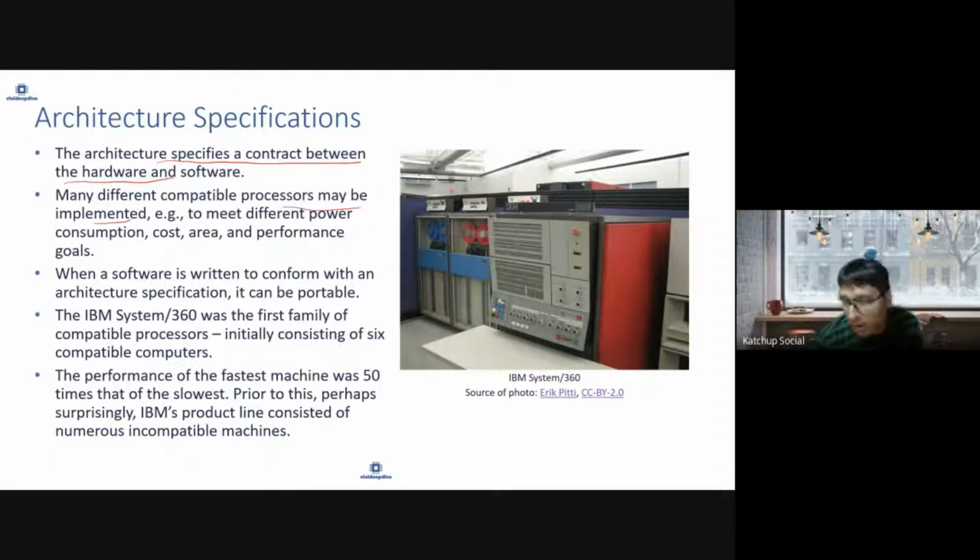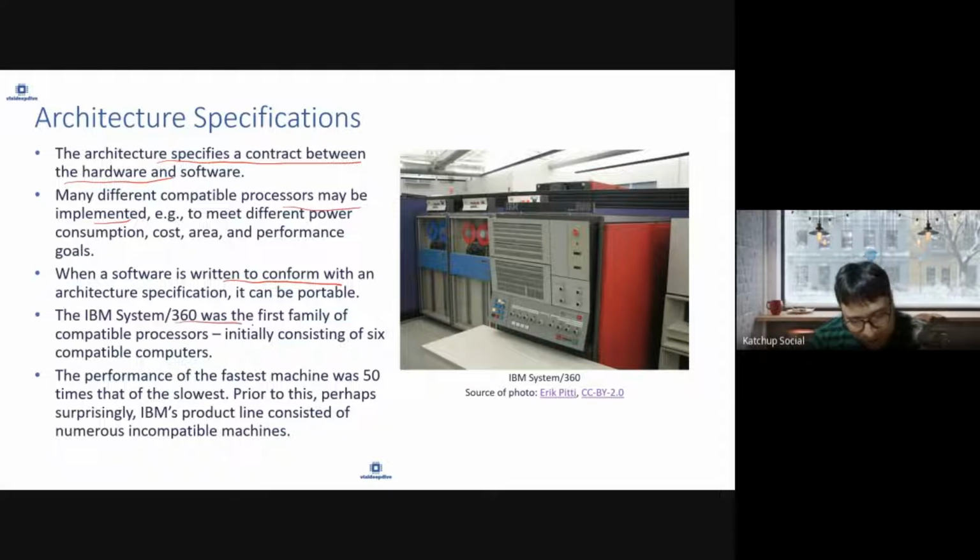They may differ in technology node, power requirements, consumption, cost, etc. So software written for a given architecture specification is portable between different implementations, where the microarchitectures may be different.